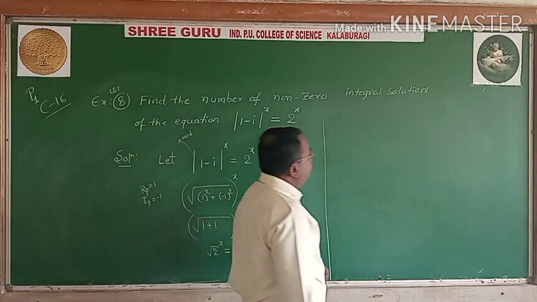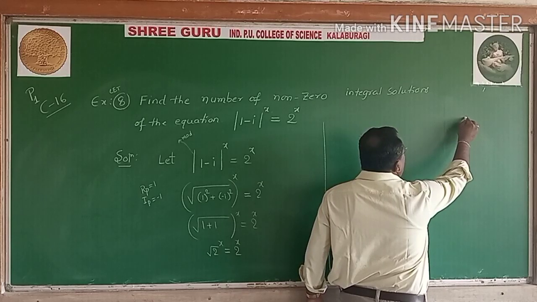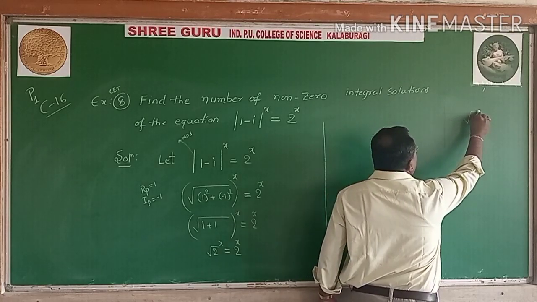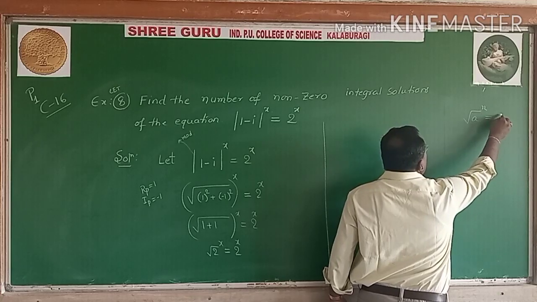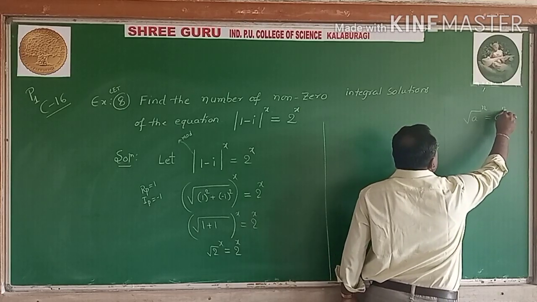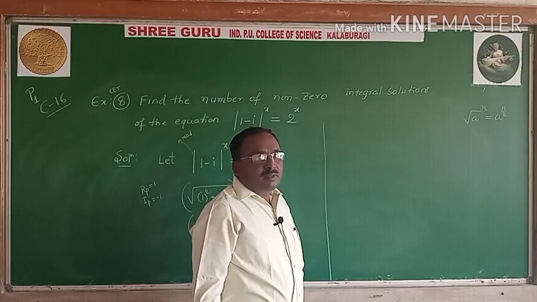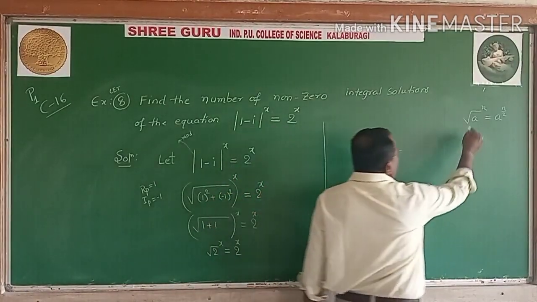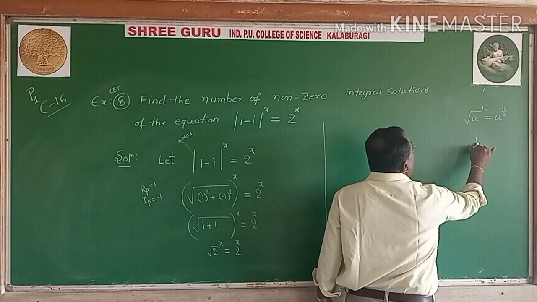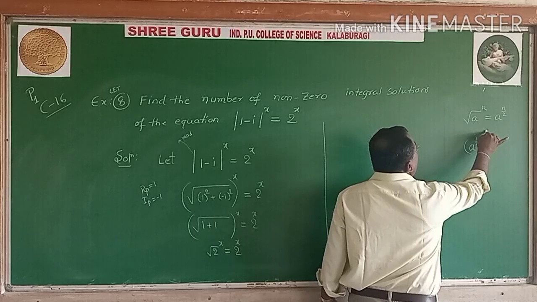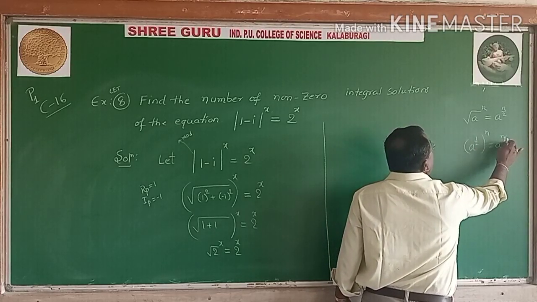In this place, root a whole power n can be written as a to the power n by 2. This is the formula, the law of indices. Because root means power 1 by 2, a power 1 by 2 whole power n is equal to a power n by 2.